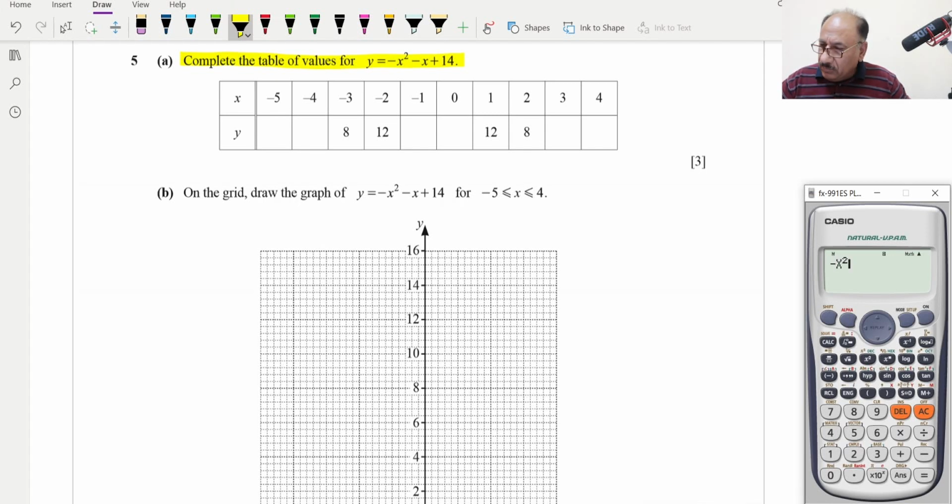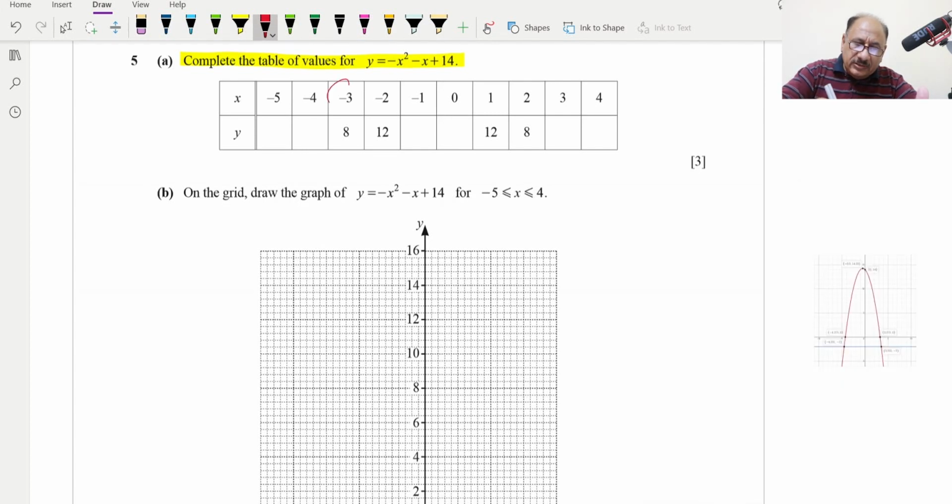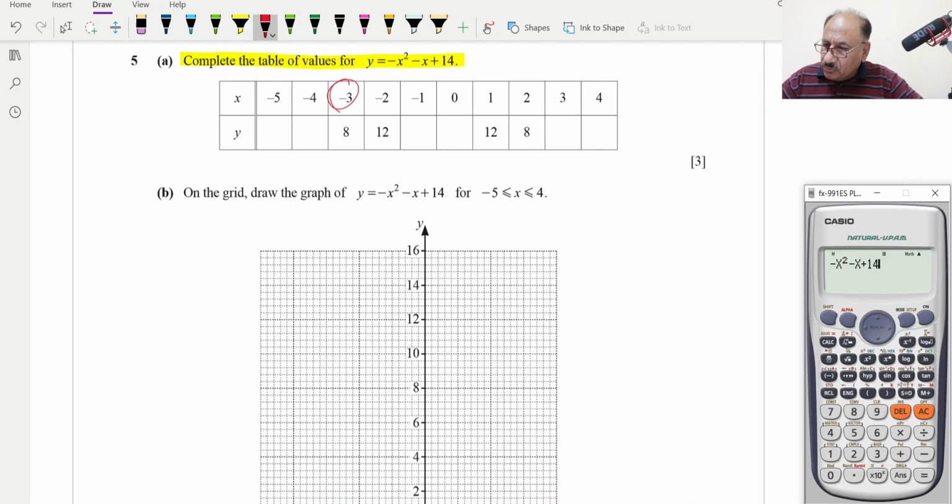So square minus x, again alpha this, and plus 14. So this is the plus 14, and this is the equation which we have written on the calculator. So we will check for minus 3. This is minus 3, and the answer should be 8. So we calculate for minus 3, and we double check the answer is 8.